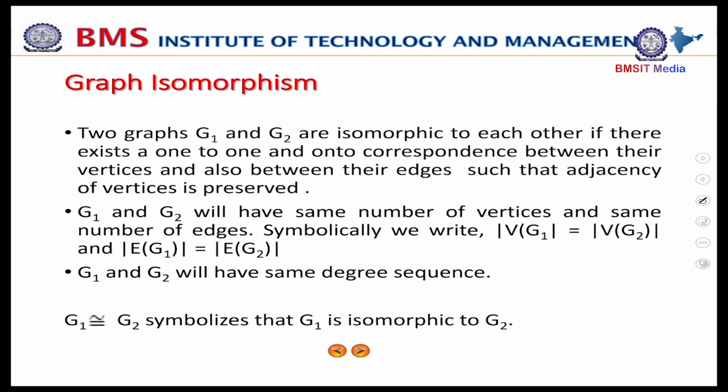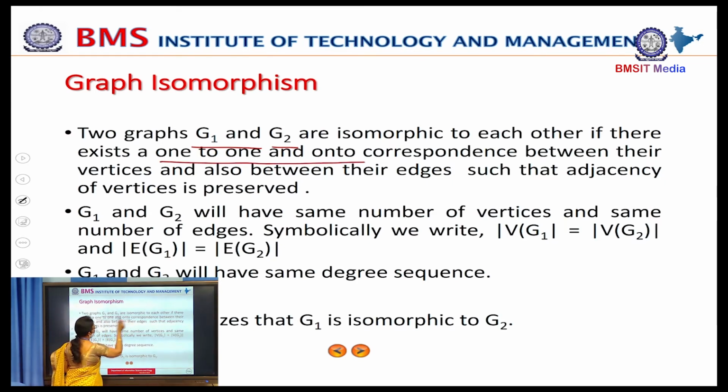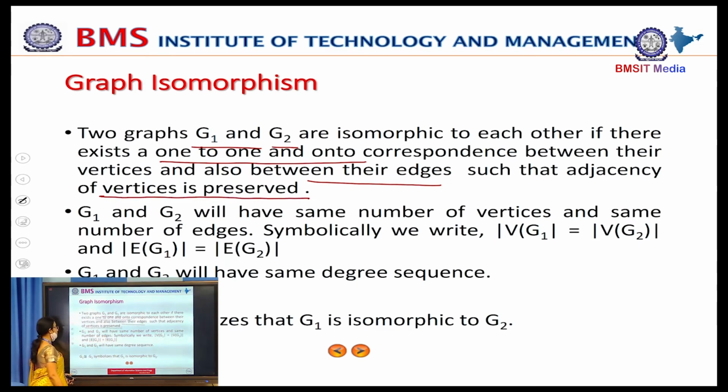So same thing is explained here. Two graphs G1 and G2 are isomorphic to each other if there exists a one-to-one and onto correspondence between their vertices and also between their edges, such that their adjacency of vertices is preserved. This is very important.